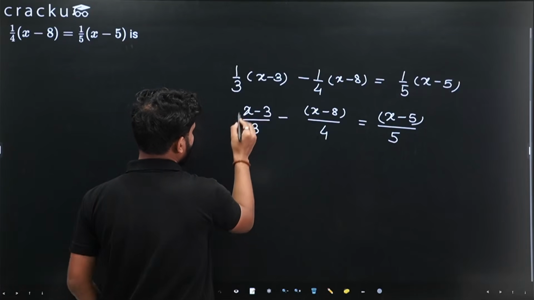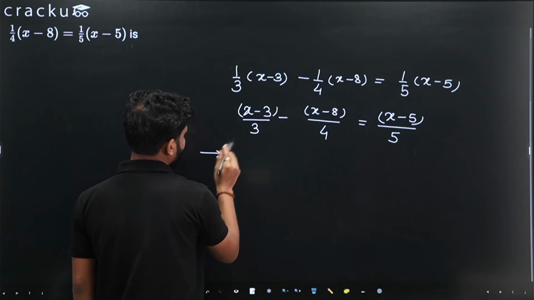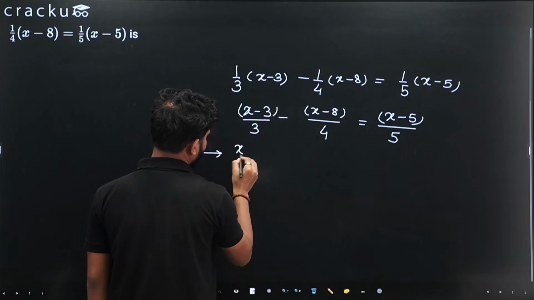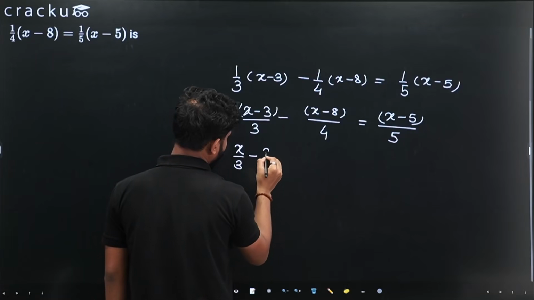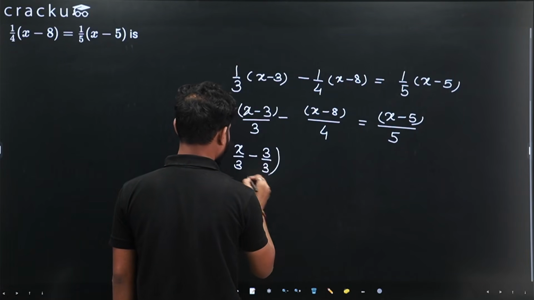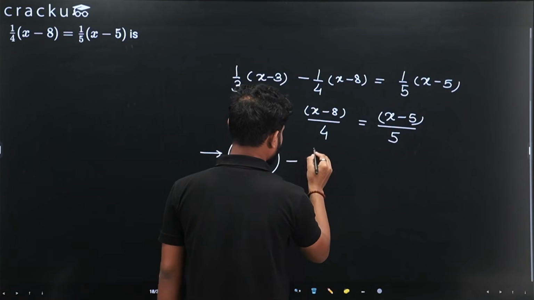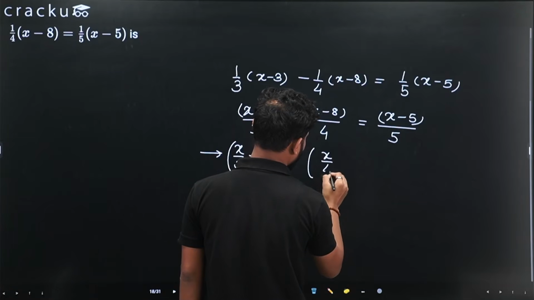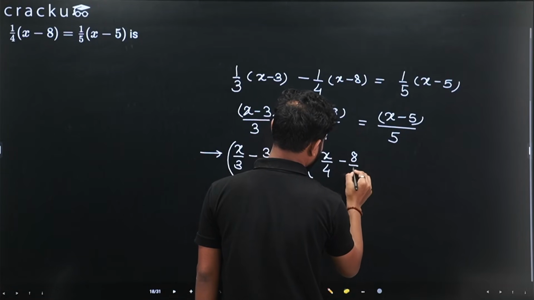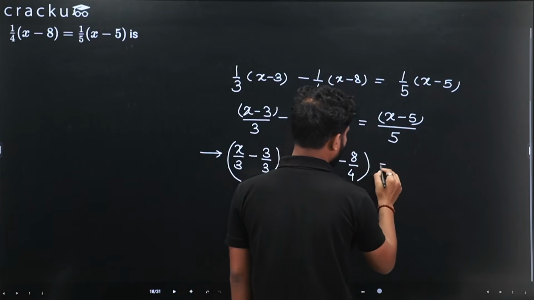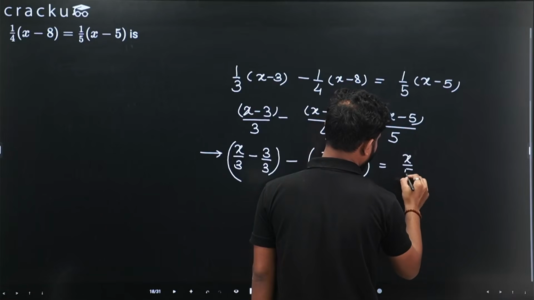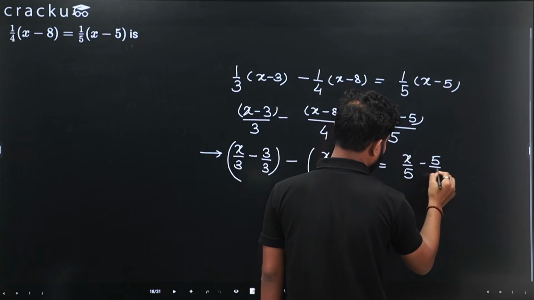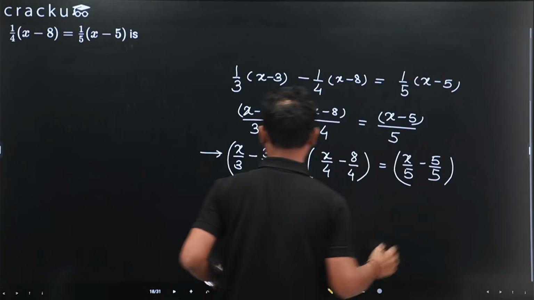What you can do? Just split the denominators. If you split the denominators, it will be x by 3 minus 3 upon 3 minus x by 4 minus 8 upon 4 is equal to x by 5 minus 5 upon 5, right?